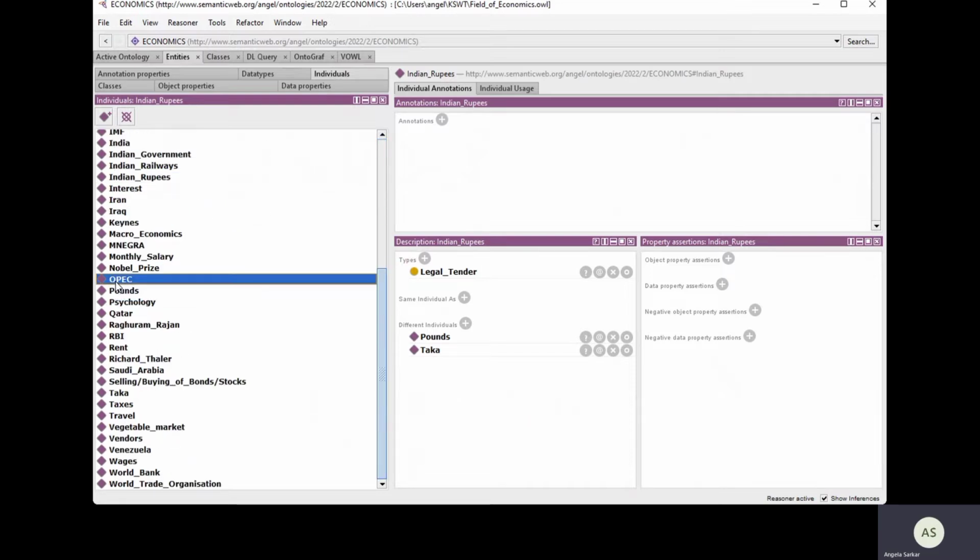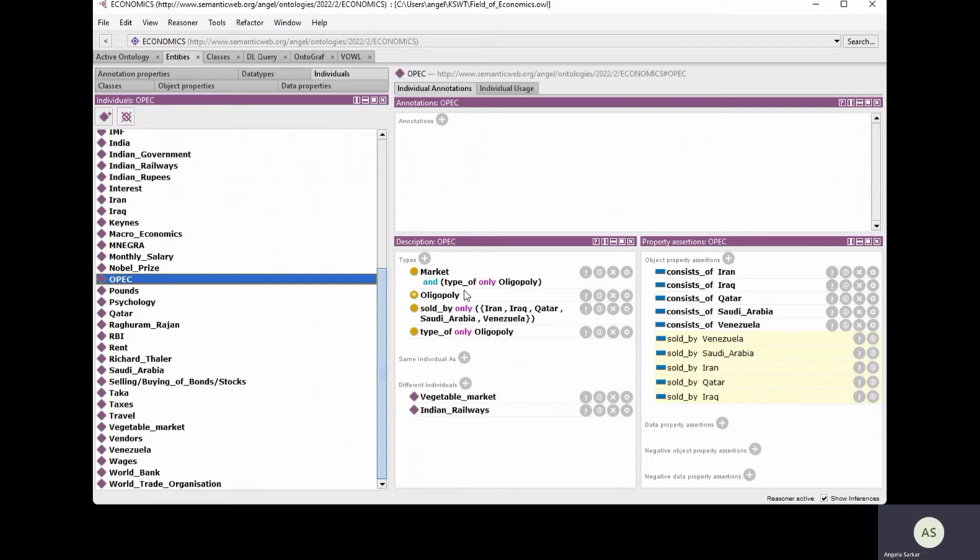As I was defining OPEC, I have defined it as a market and type of only oligopoly. It is sold by only this many countries, a collection of few countries which act as a monopoly group, defined as oligopoly in economics.